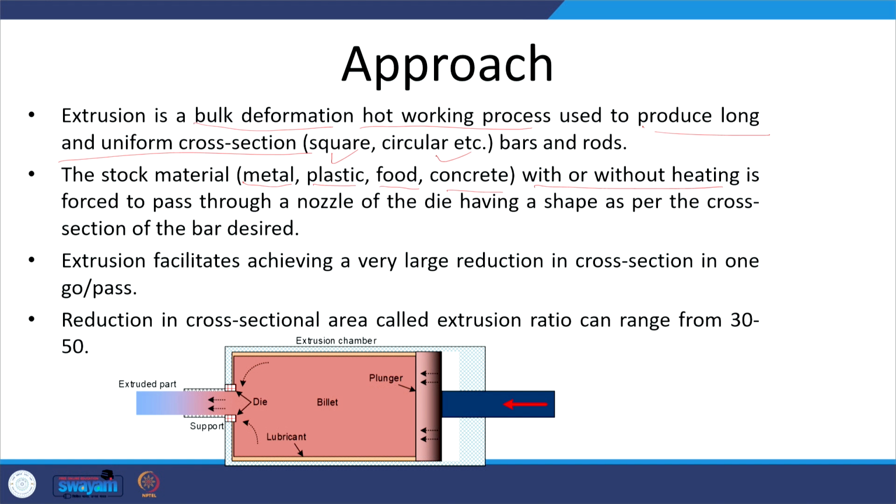In polymers, sometimes friction is used to heat the material and realize the desired flow behavior. The stock material, with or without heating, is forced to pass through a nozzle of the die having the shape as per the requirement of the cross section to be produced. And extrusion facilitates very large reduction.